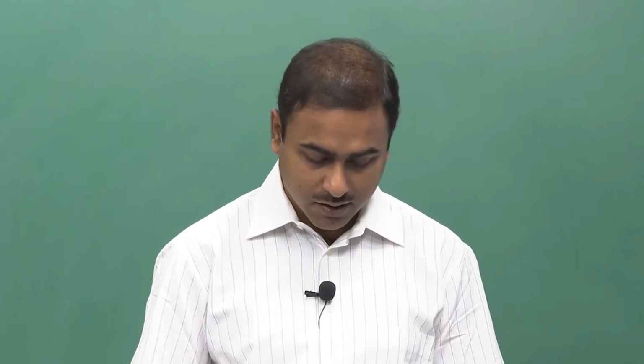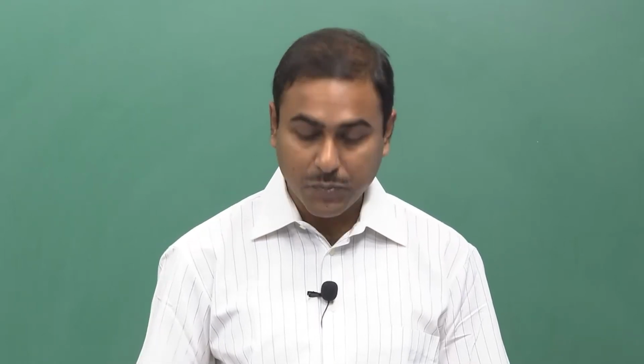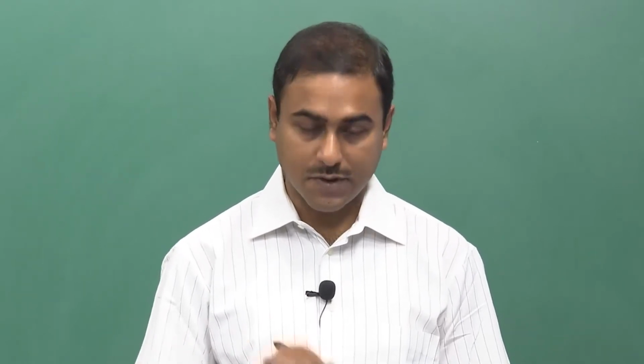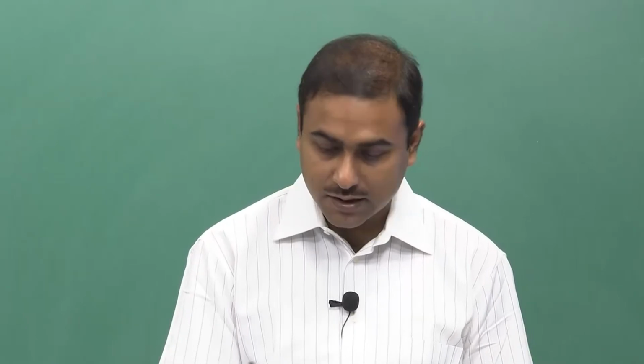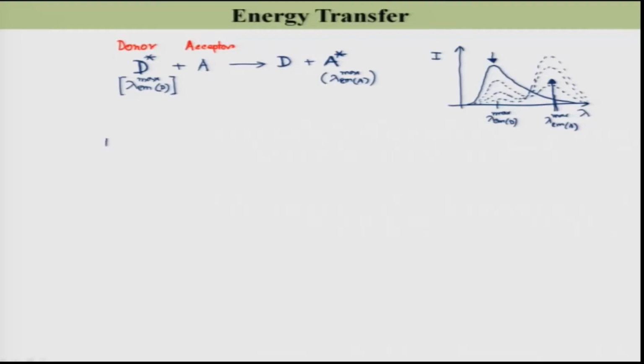Now, the question is how the energy is getting transferred. I can think of a simple pathway by which the energy is transferred. Let me write this as D star getting converted to the ground state of the donor D plus the emitted photon, which is h nu.